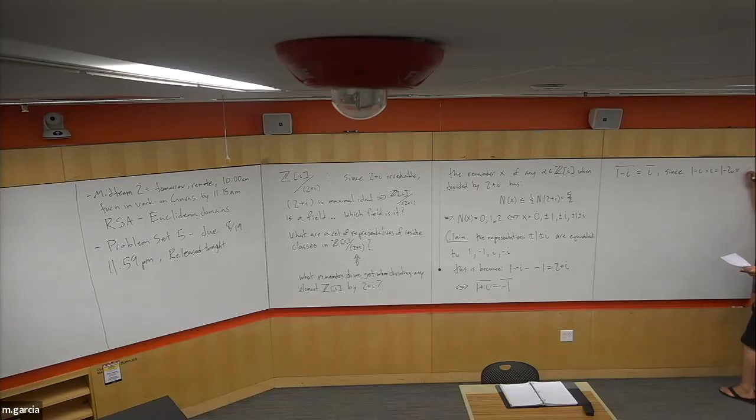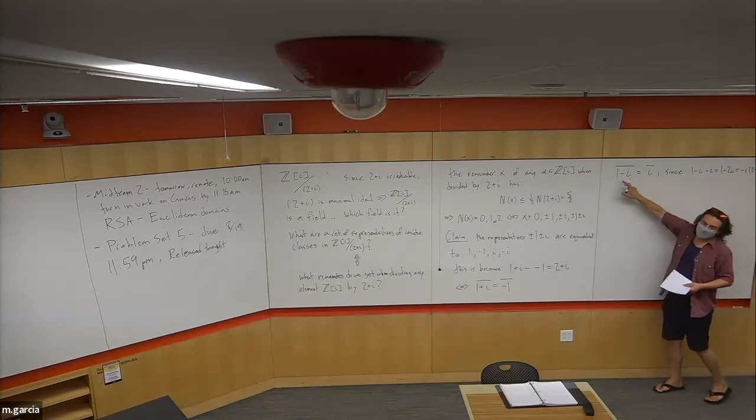It's an associate. Which unit do we multiply 2 plus i by to get 1 minus 2i? It's negative i, right? Yeah. So we get negative i times 2 plus i. So again, this difference is a multiple of 2 plus i. So these residue classes are the same.